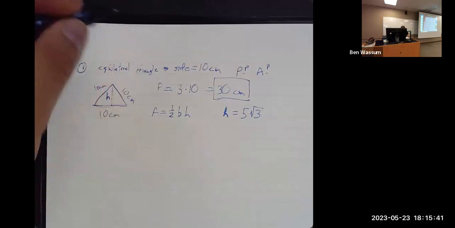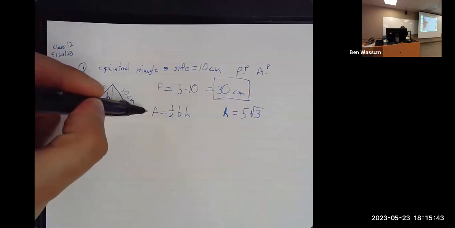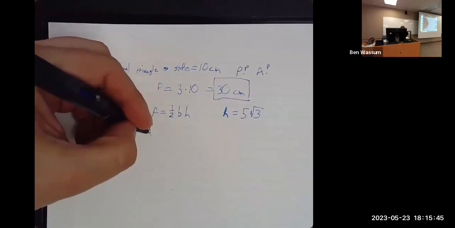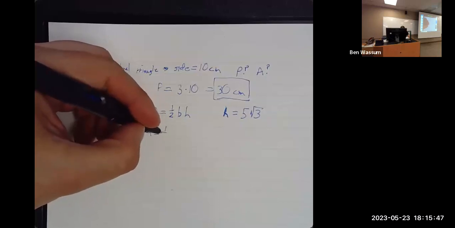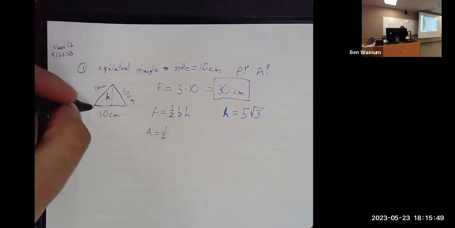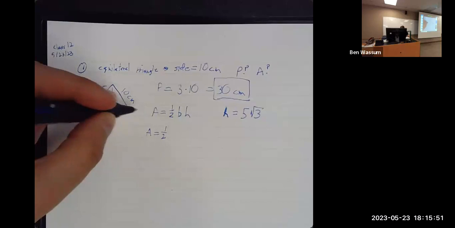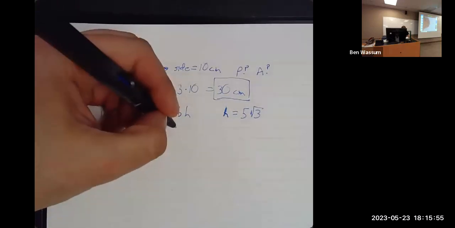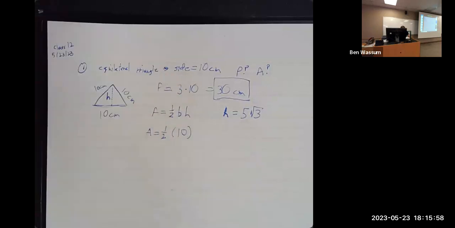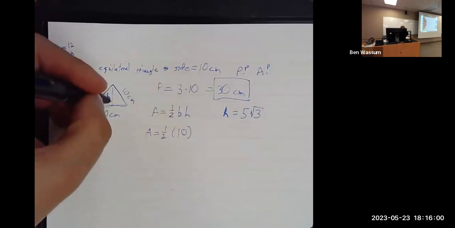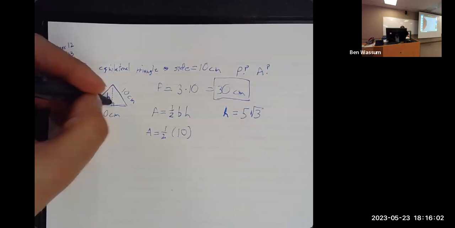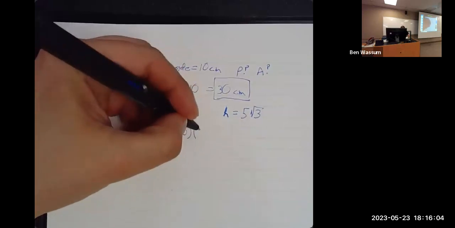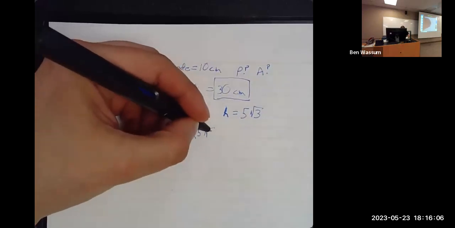But like any other problem, you take the formula and plug in what you know. So the area is 1/2 the base, the measurement of the bottom of this thing, which is 10, times the height, which in this case I'm just using as a given, 5√3.